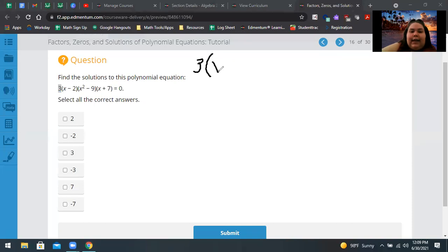So we have 3 times x minus 2 times x squared minus 9. Now, this x squared minus 9 can be factored even more. That's the difference of squares.